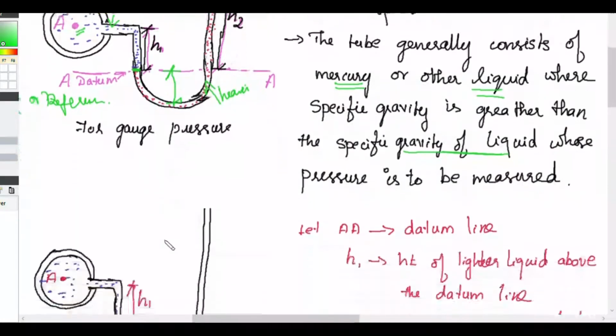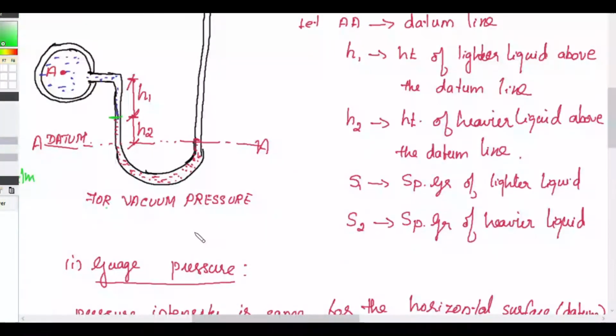For the second case, the vacuum pressure, your datum will be taken at the top of the heavier liquid, at this point. So the rise of the heavier liquid is below point A.